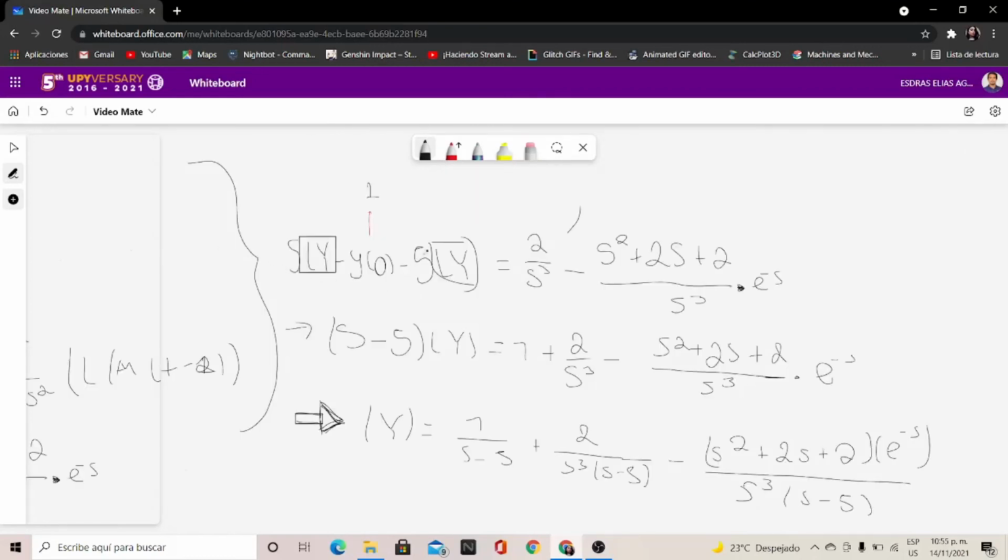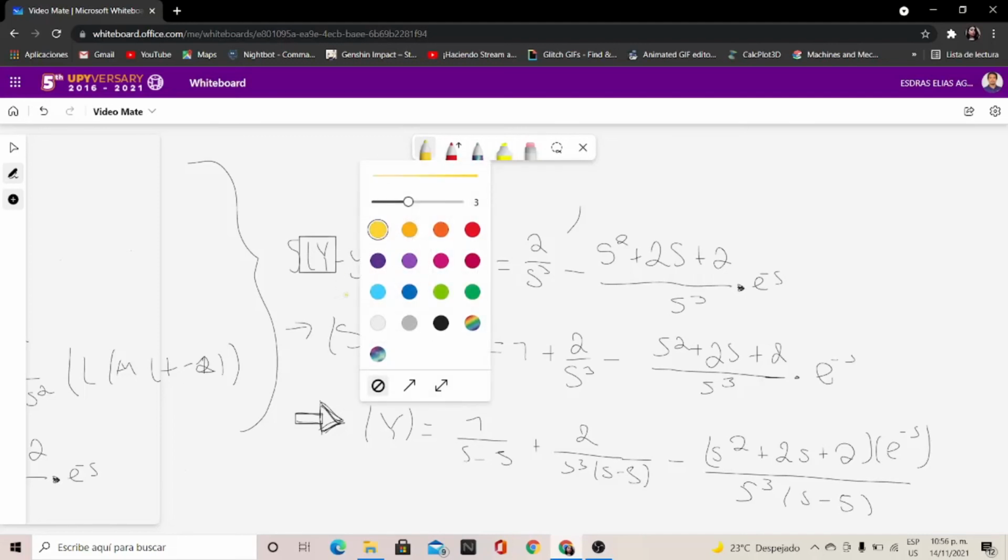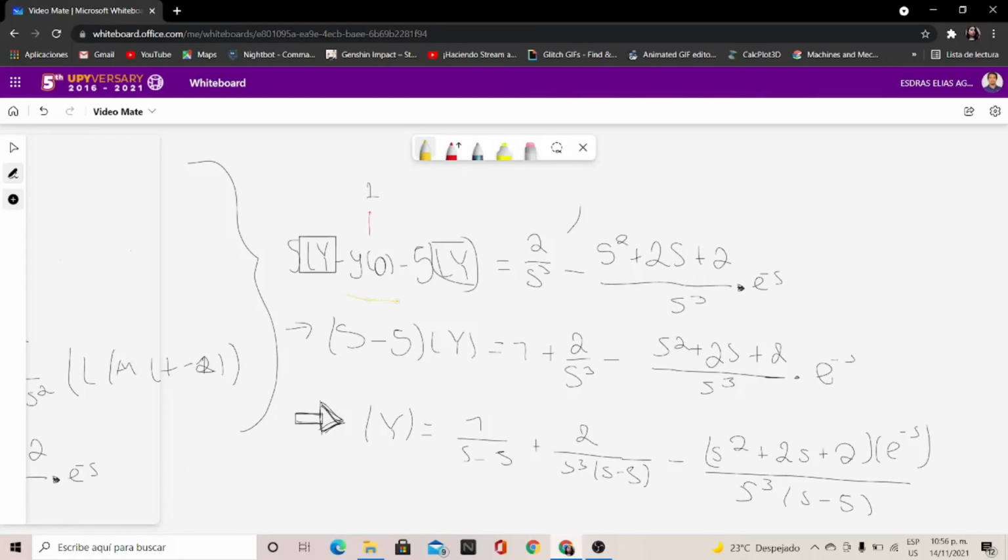In this part we just need to solve for g to get the form to apply the inverse Laplace transform and get the answer to this problem. The statement says that when t is equal to 0, g is equal to 1.